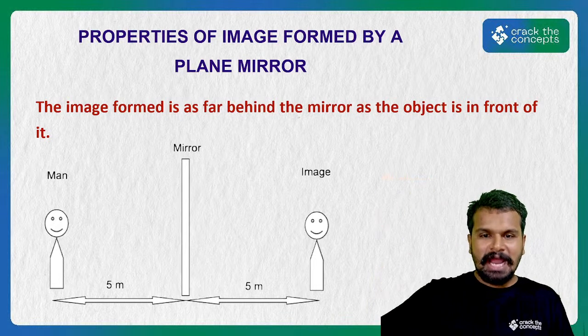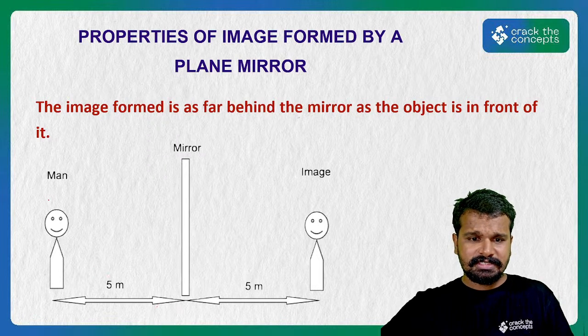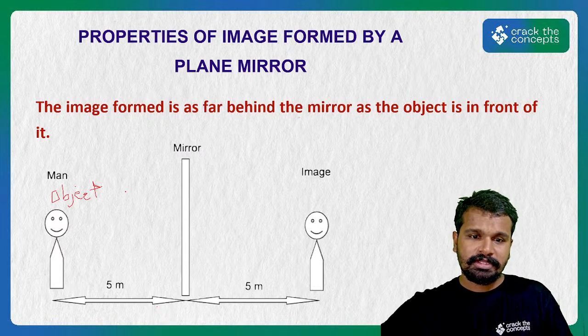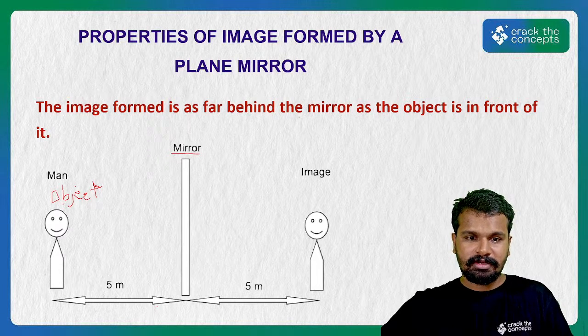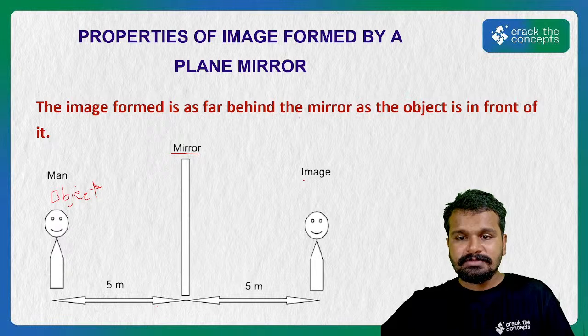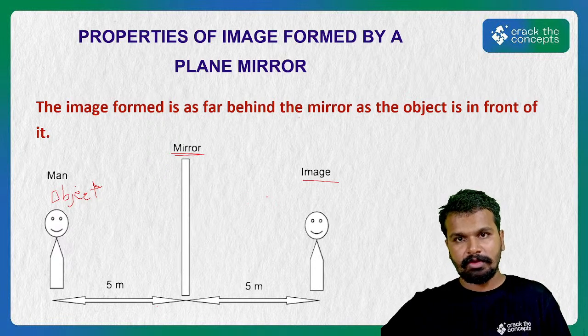Understood? So you have to keep in mind that the distance between the object and the mirror and the distance between the image and the mirror will be the same. Got it?